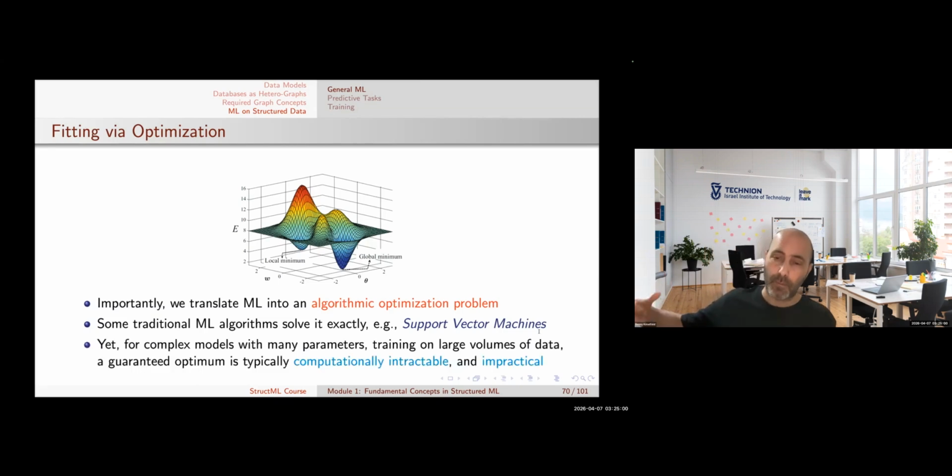But as the models become more complex, more parameterized, and you have higher volumes of training data and so on, it is not practical to think of the actual optimum for your optimization problem. And in fact, you do not necessarily want to solve this optimization problem exactly, to avoid overfitting. So next, we will see what you actually do in practice.